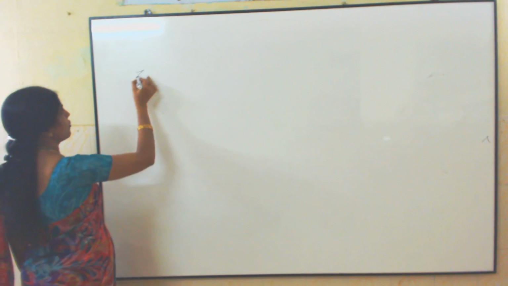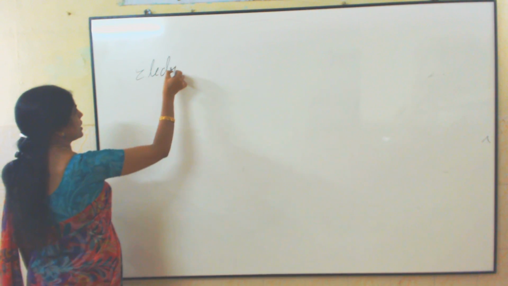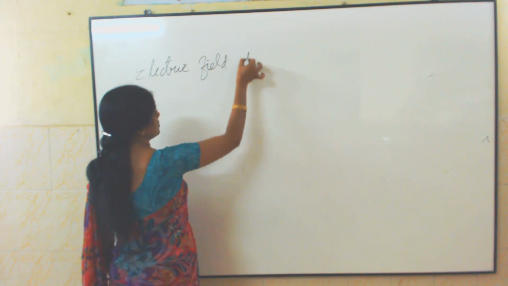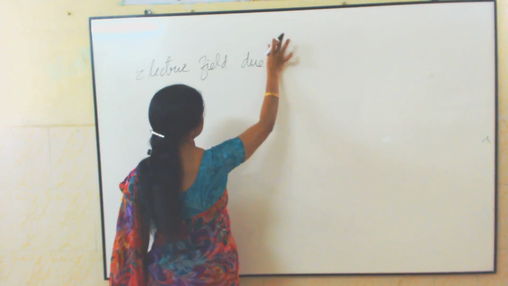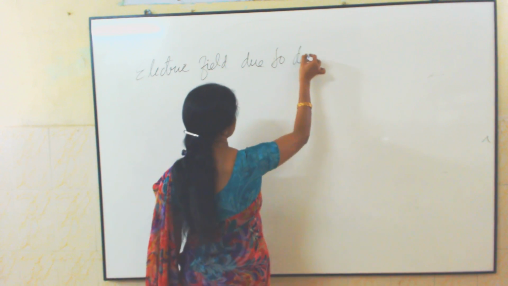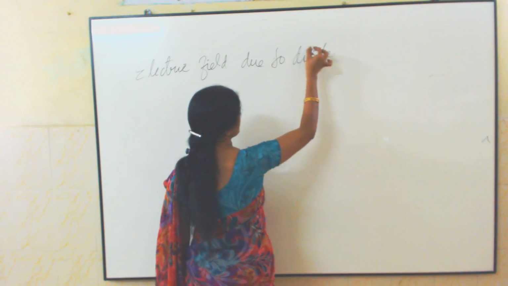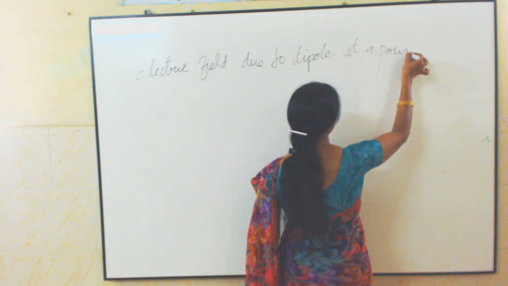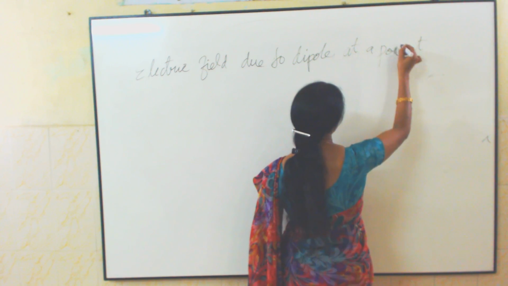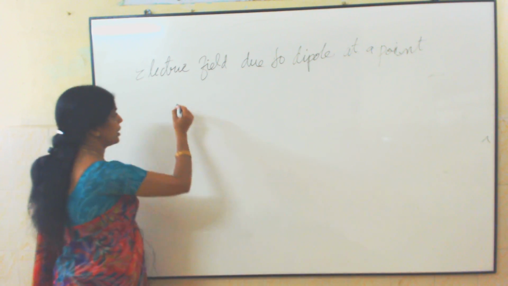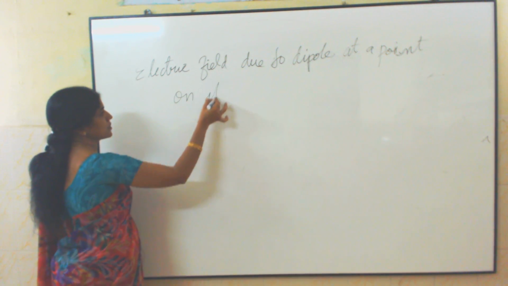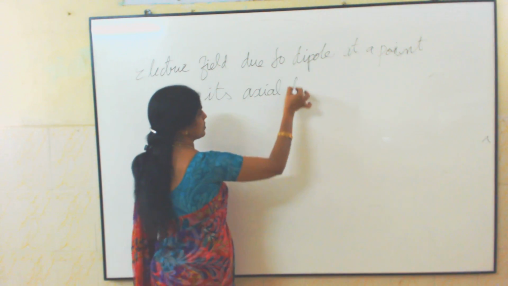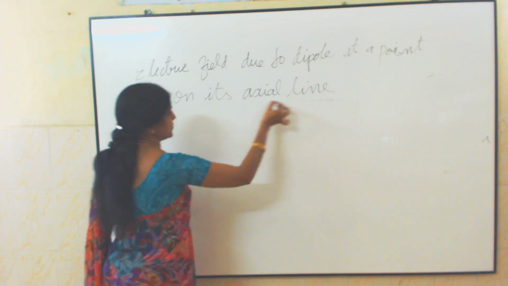Now, we will see how the electric field will be due to a dipole at a point on its axial line.